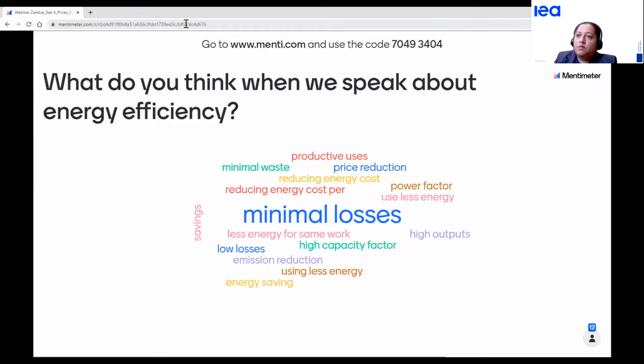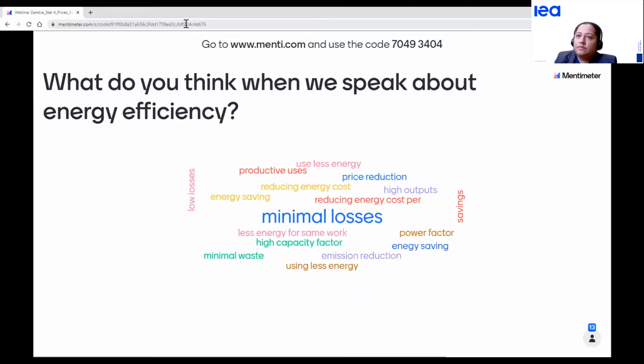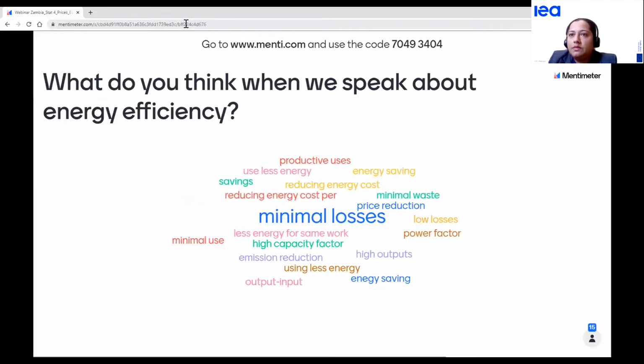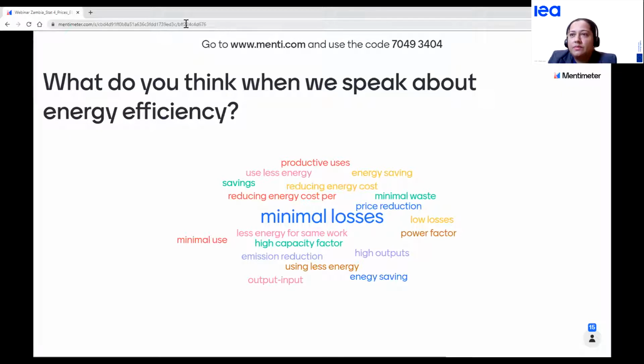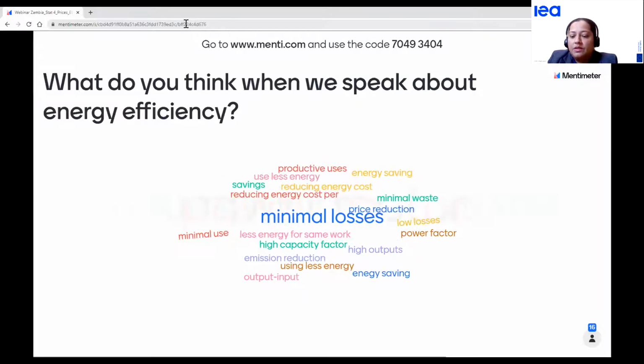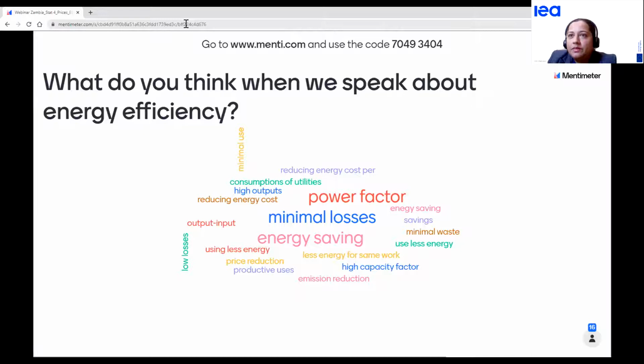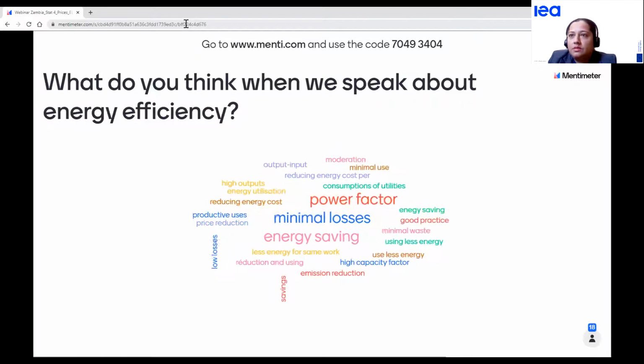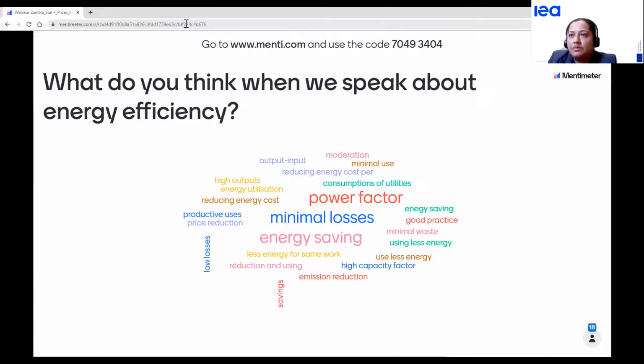Less energy for same work, savings, very good. Minimal waste. This is very good. So we have a few words that explain energy efficiency well. Output, input, very good. Some interesting words.